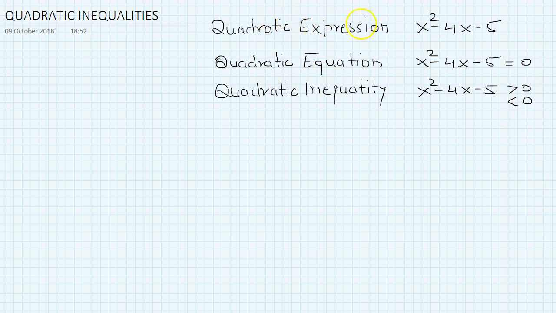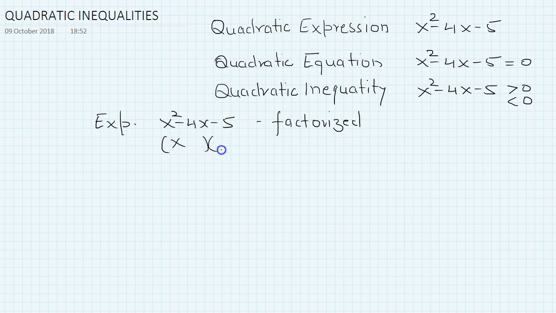The difference is this: the expression x squared minus 4x minus 5 can only be factorized. So its factorization will be x, and this is 5 and this is 4.